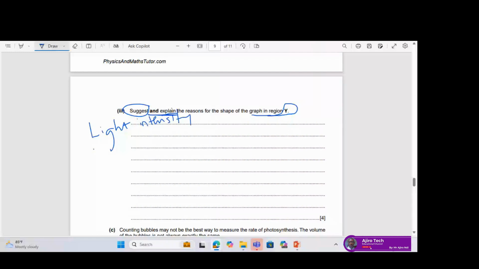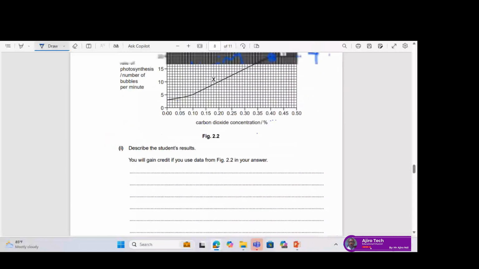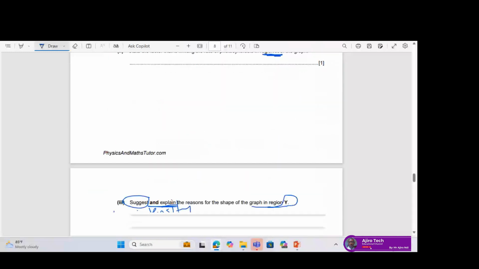So anytime they talk about limiting factors, the first three to consider are light intensity, temperature, and CO2 concentration.